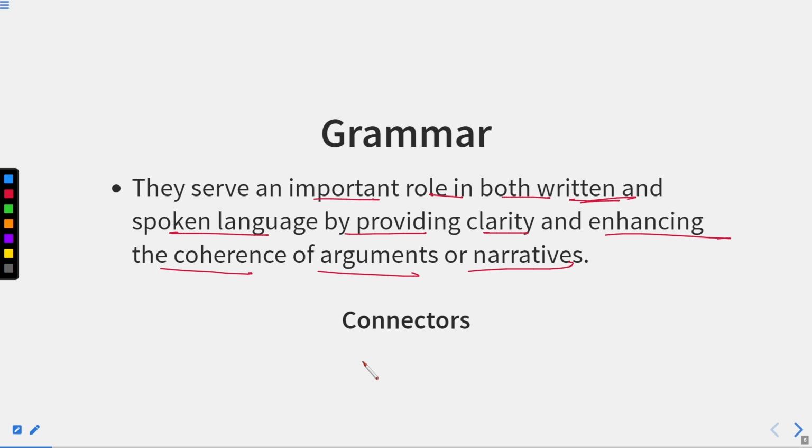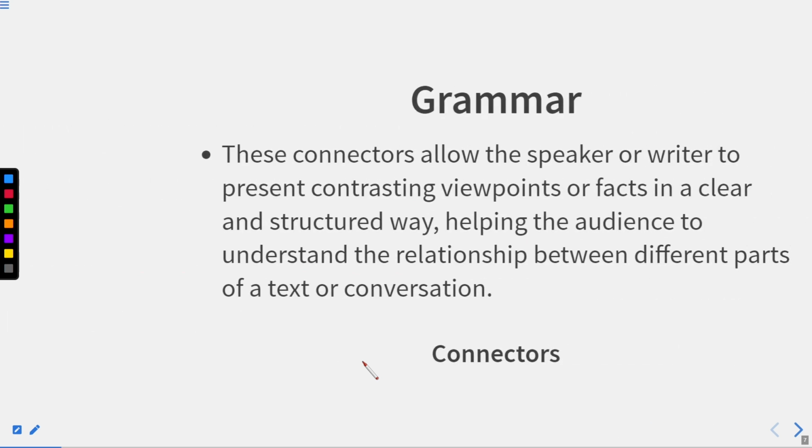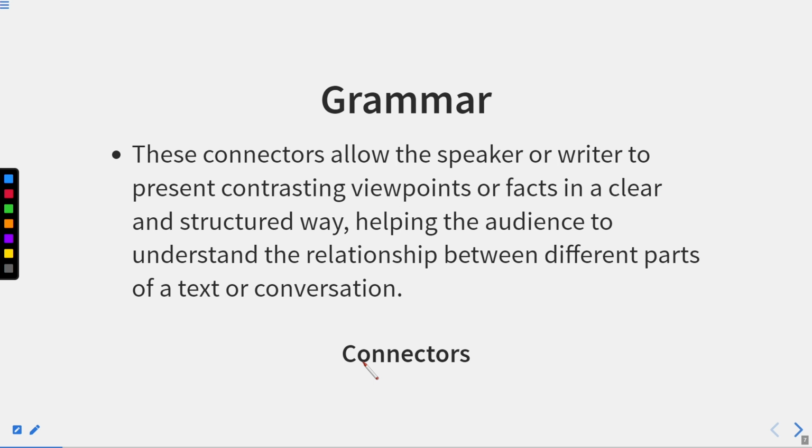So we are using two opposite statements or two opposite things or ideas in a single statement using a connector which is just joining these two different opinions or ideas. So this type of connector is known as contrasting connector. So these connectors allow the speaker or writer to present contrasting viewpoints or facts in a clear and structured way.